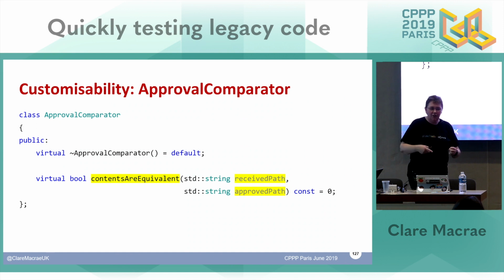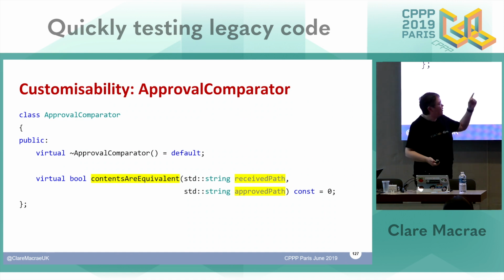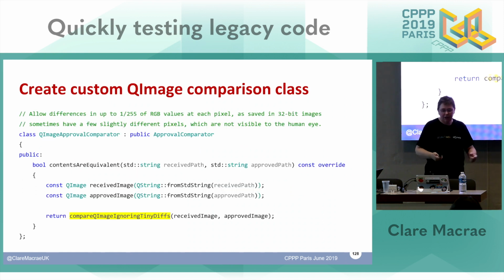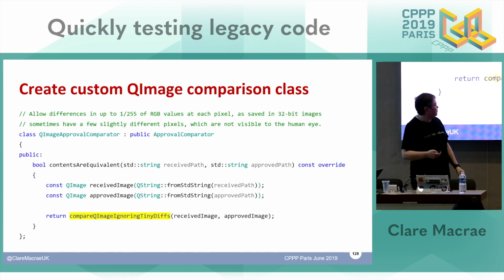You can read all the files back in and rewrite all of the RGB values as even numbers, and that will get rid of any differences by 1, which would have been a lot less work. But the graphics programmer in me was saying, no, I don't want to do that, I want to see the original files. So both choices would have been valid. Approval comparator is a new customization for that, and I ended up with a function, compare QImage, ignoring tiny differences.